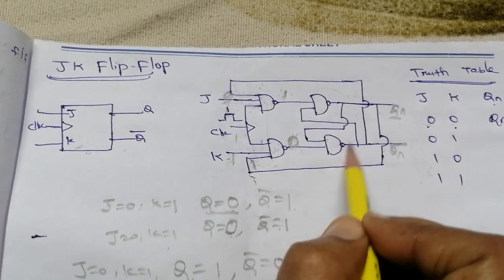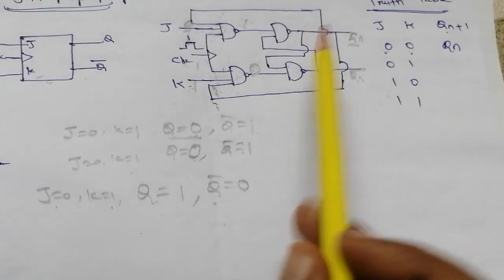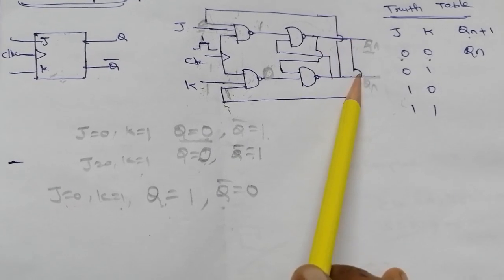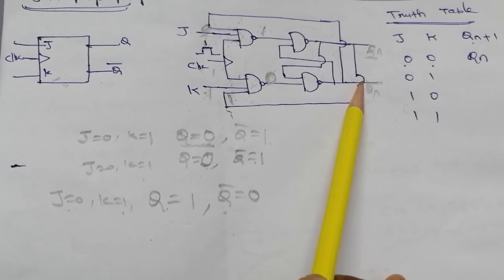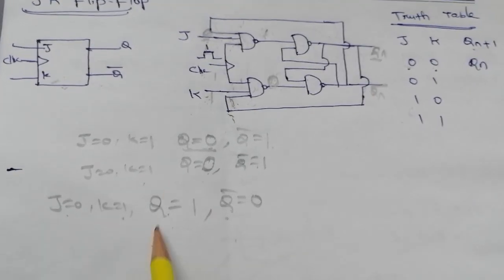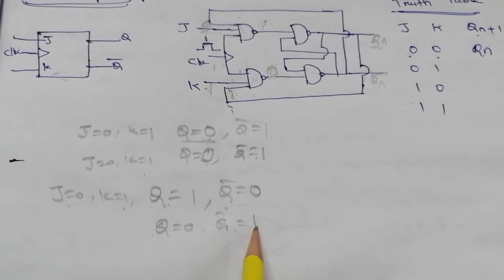So now the SR NAND latch input is 1, 0. The NAND SR latch input 1, 0 provides the next state as 0 state, the reset state, which means Q equal to 0, Q bar equal to 1.